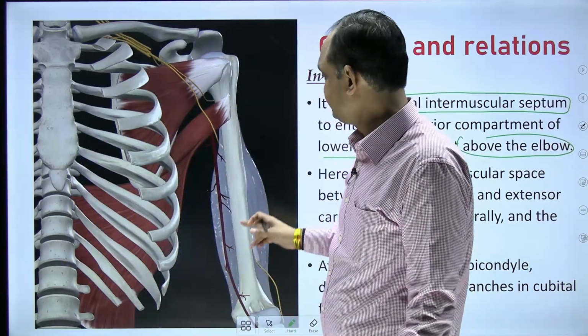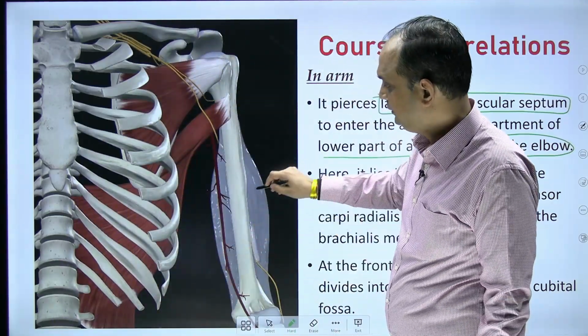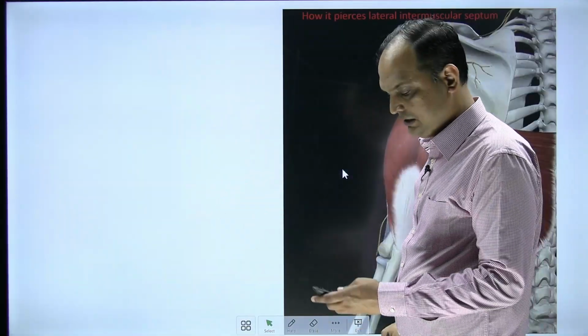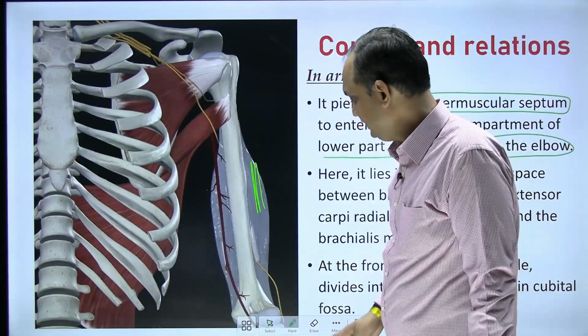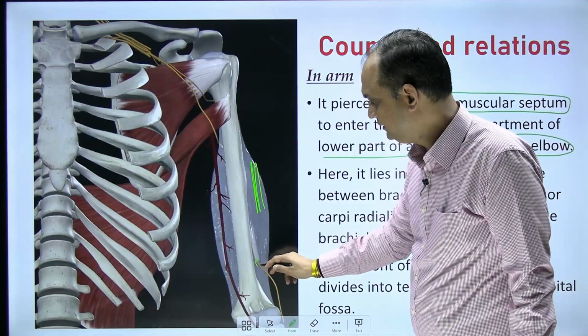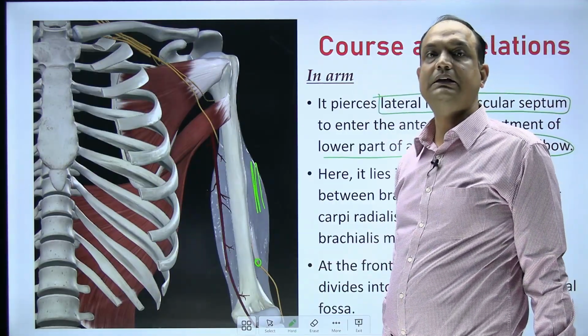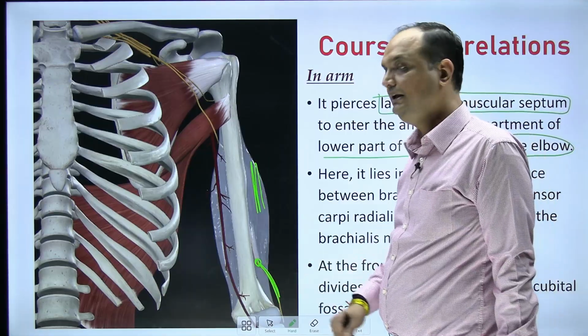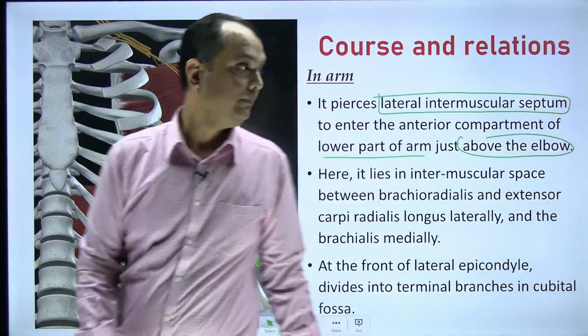So here you can see that these are the two septa. This is the septa on the lateral side, this is the septa on the medial side, and here you can see that at this point this nerve is piercing the lateral septum, and then it is again visible here in the anterior compartment of your arm.